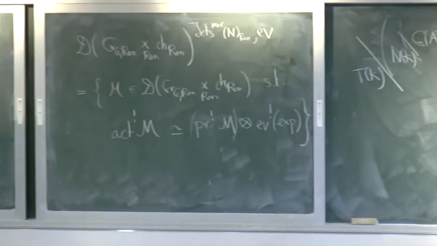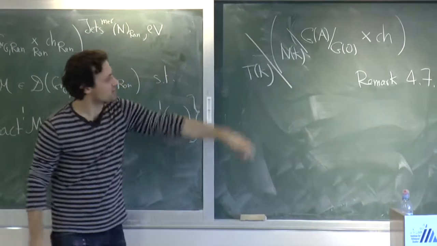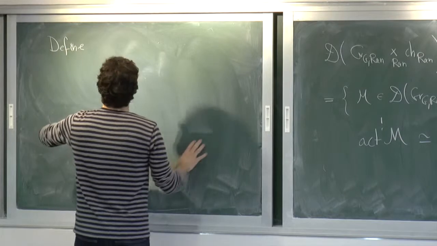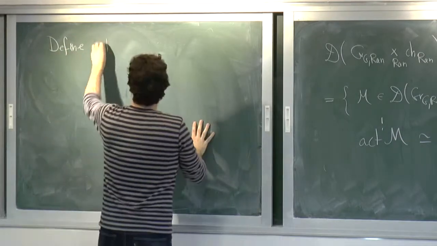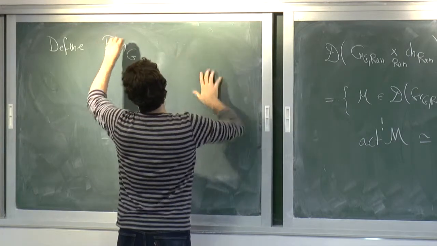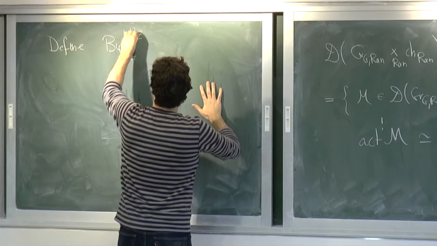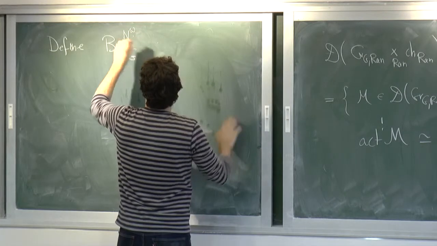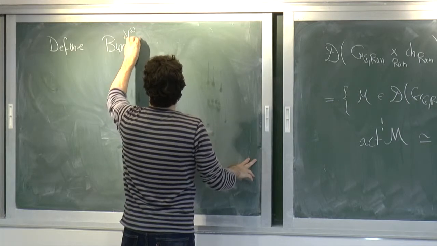I want to define a pre-stack which is supposed to mimic this quotient. And so a notation for this would be Bun_G with, so the honest notation for this would be Bun_G with N omega times center of M, sorry, yeah, we'll just take the one at the center.